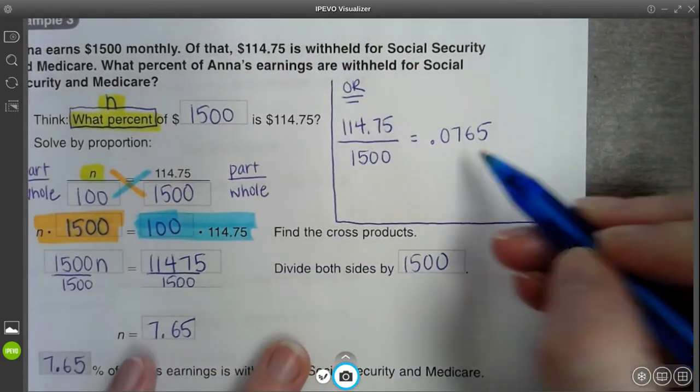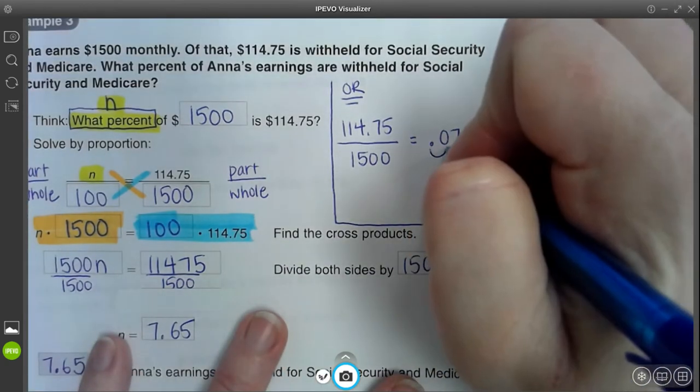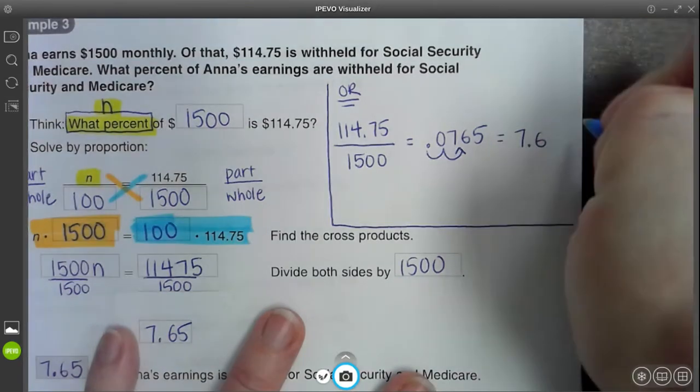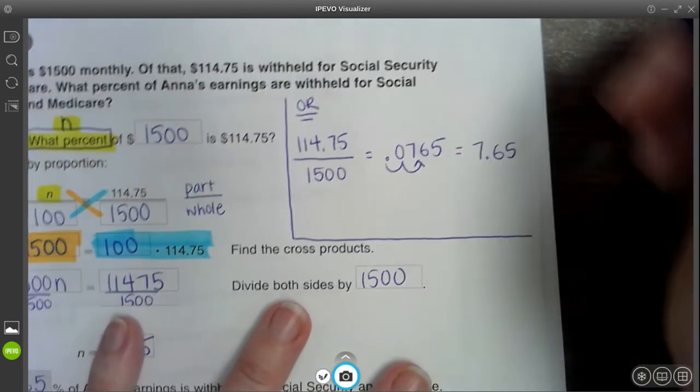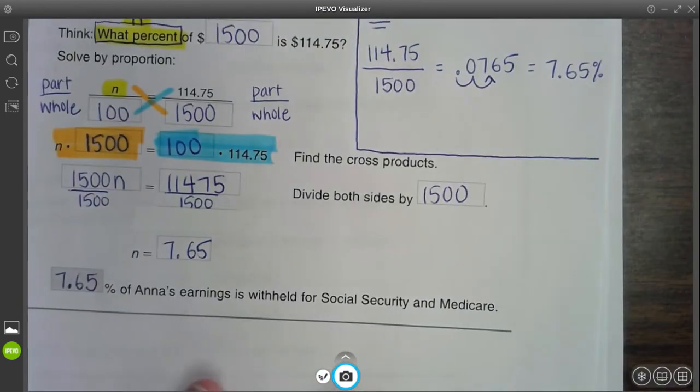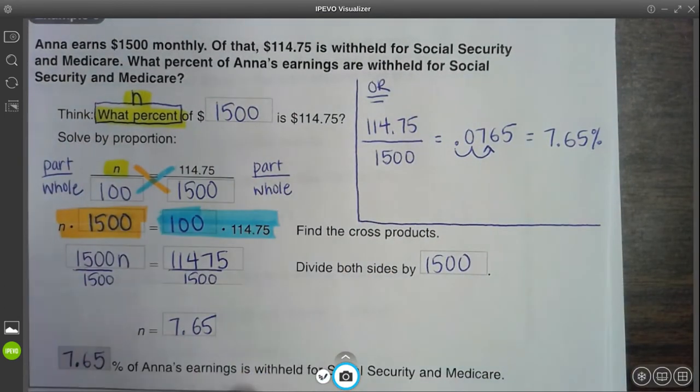And then to change that from a decimal, I can change that into a percent by just moving that decimal point 2 spots to the right. Okay, and that's another way to get that 7.65%, which I think is a lot less work than setting up a proportion.